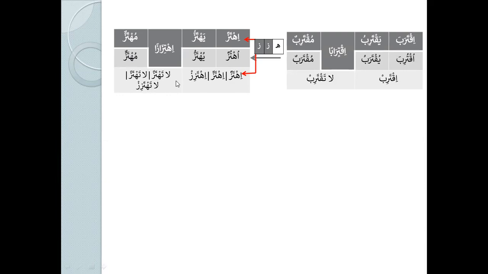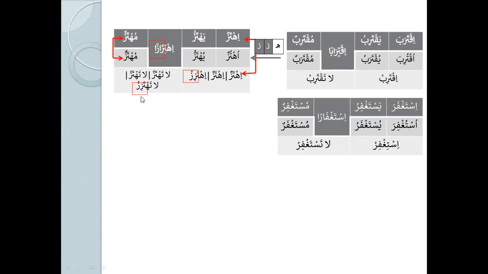So, same thing, ism fail and ism maful look the same, muhtazzun and muhtazzun, because of this irregularity. You also see the split in the following in the masdar, in the third variation of fail amr and fail nahi.